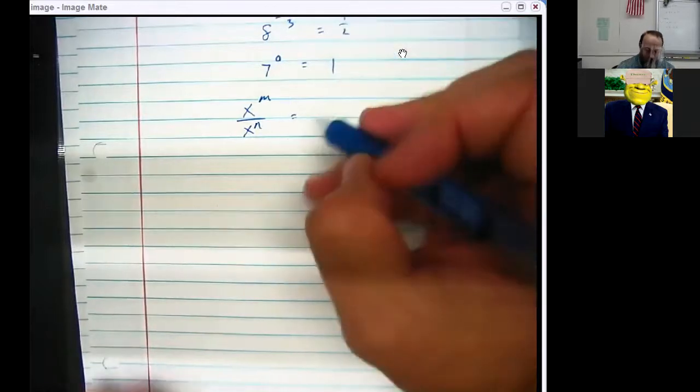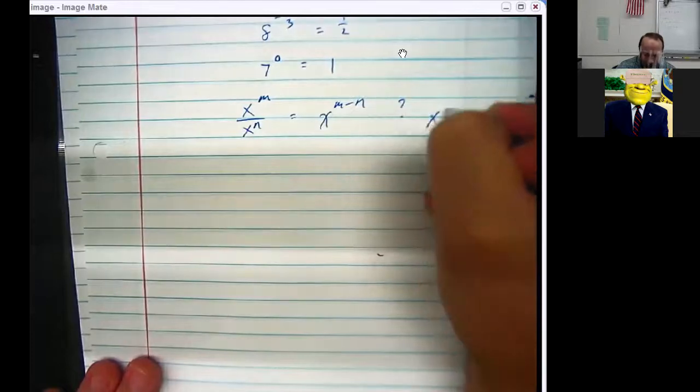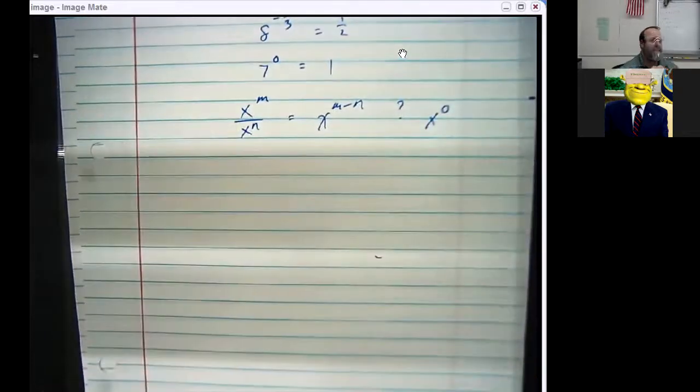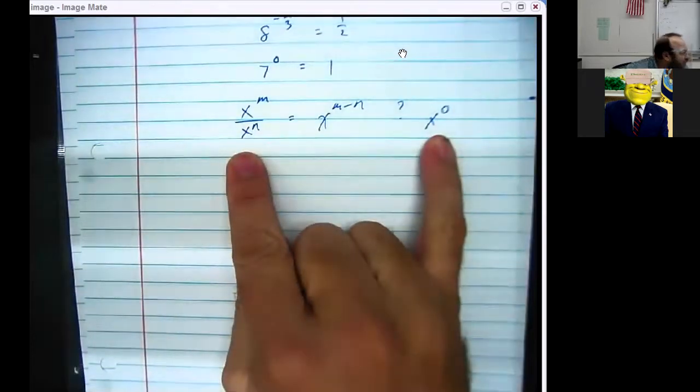You subtract the exponents. So how is it possible that you got that? Think about that for a second. How is it possible that you got x to the 0? If you started here and you got that answer, what would have to be true about m and n?